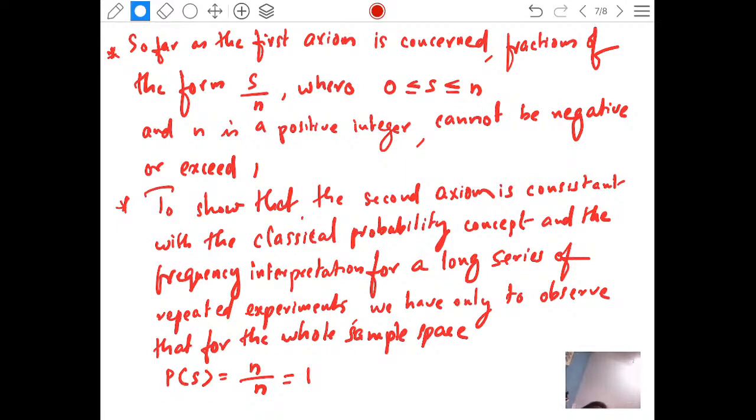The probability of the sample space, as you can say, is n by n equal to 1. So that is the maximum value.